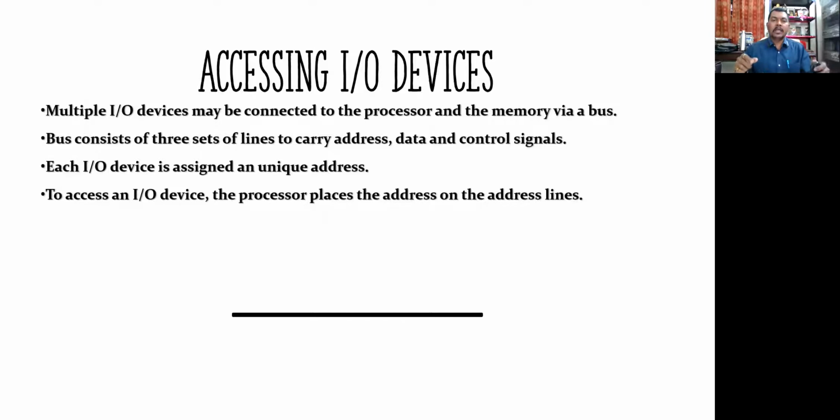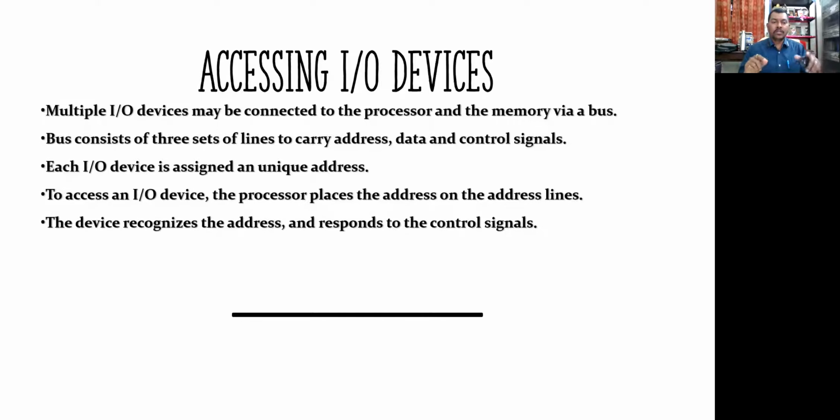So to access an input output device, the processor places the address on the address lines. I will show you that at block level. So the device recognizes the address and responds to the control signal.